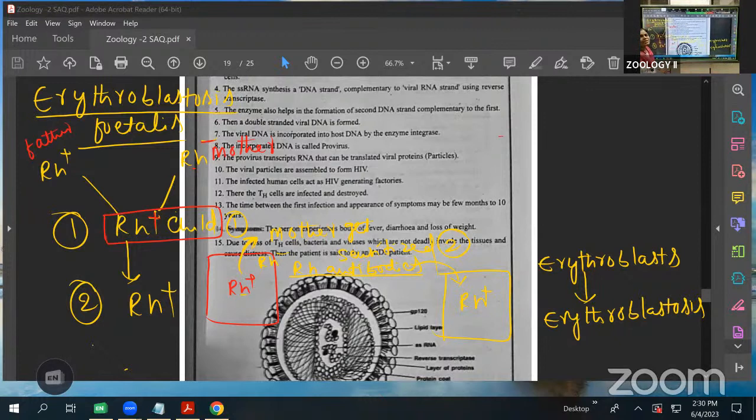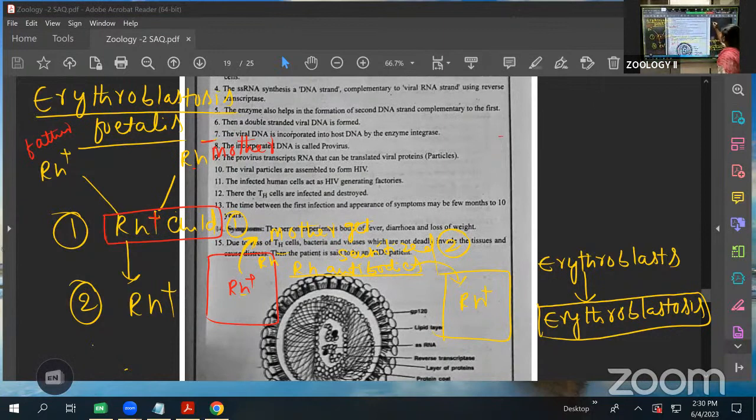Erythroblasts are the immature cells of the RBC that are released directly, without undergoing maturation. At that time the RBC will be destroyed. That is also called a hemolytic disorder in newborn babies.